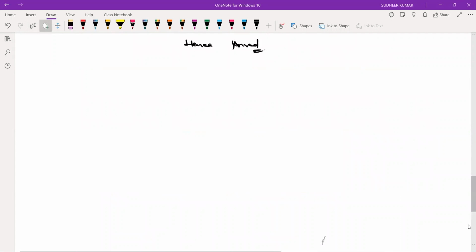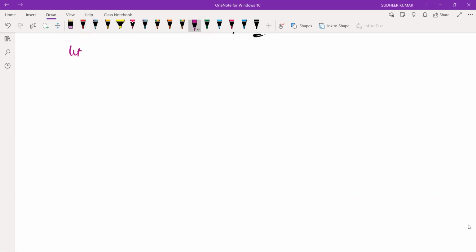Now, still we have to continue this part. Let us assume that 3 plus 2 root 5 is a rational number.